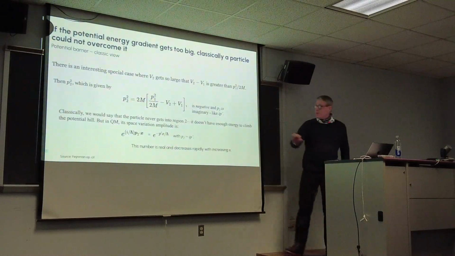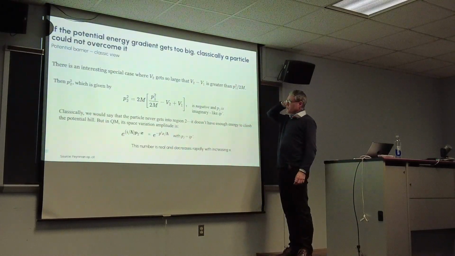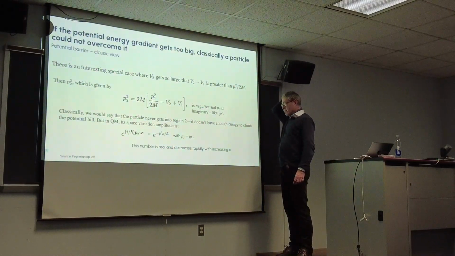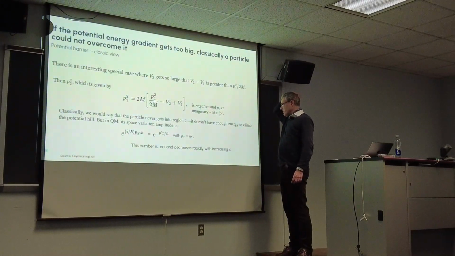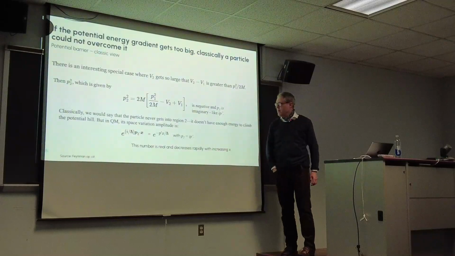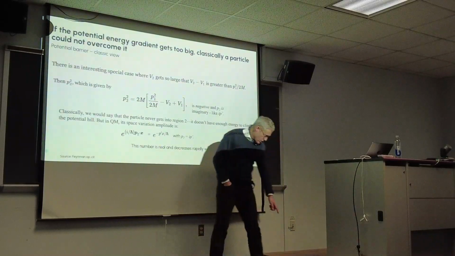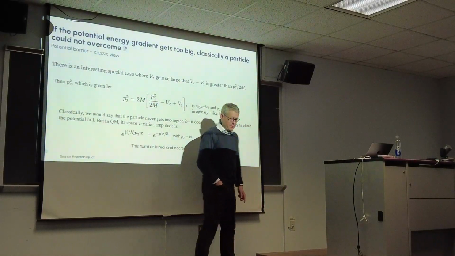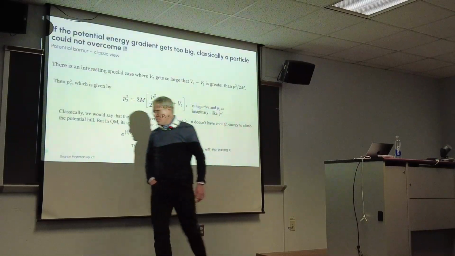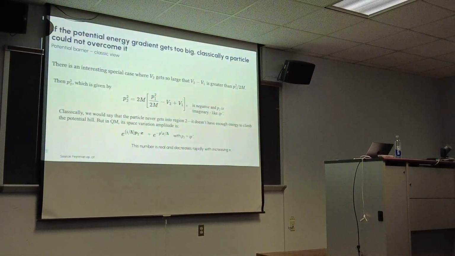So now we look at the two boxes again. If this potential difference is very, very big, then classically we would say that the particle can never get into region 2. It doesn't have enough energy to climb the potential hill, right? If we take this potential hill, for example, and now I do this, right? A small child, good, I was lucky.